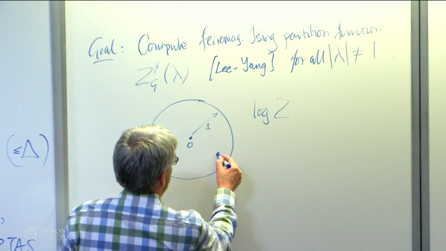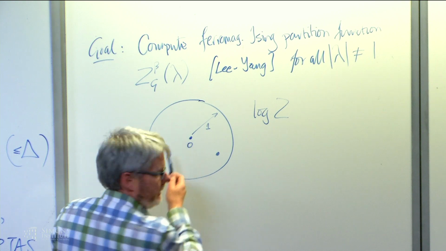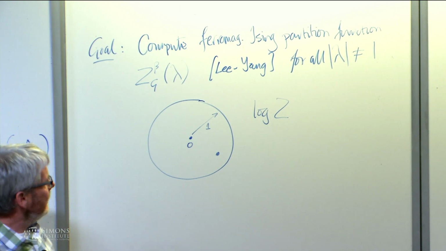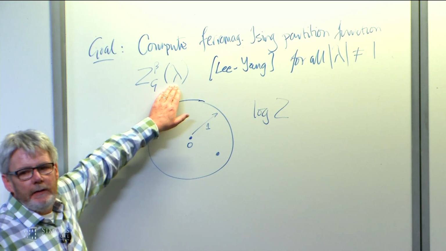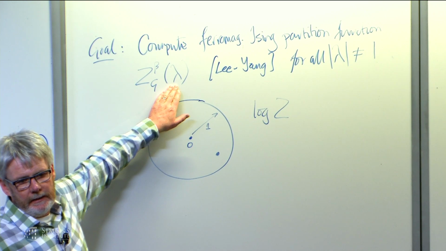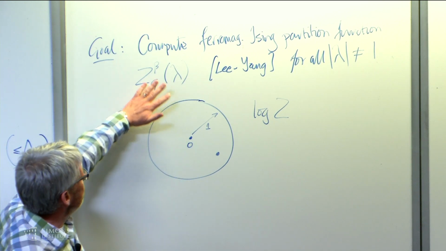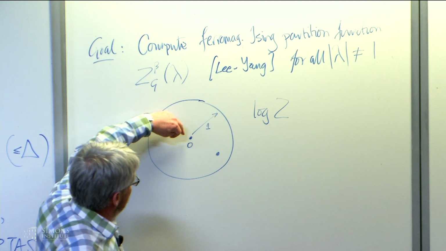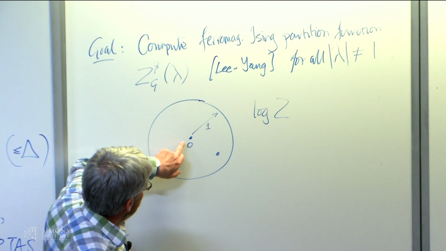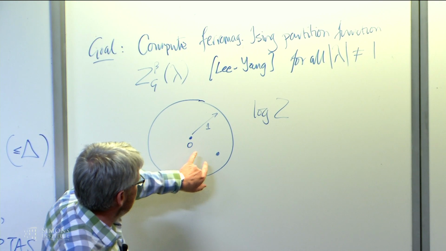So you use it as a means of bootstrapping the value at 0, which is an easy point. Z at 0 is an infinite field, basically everything is plus or everything is minus. It's equal to 1, in fact, when lambda equals 0.